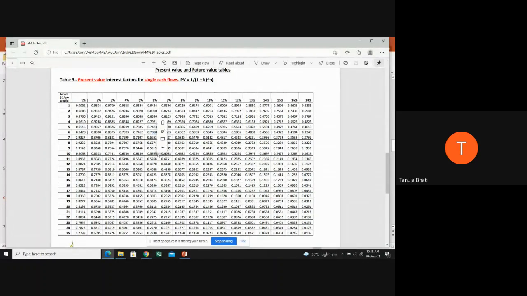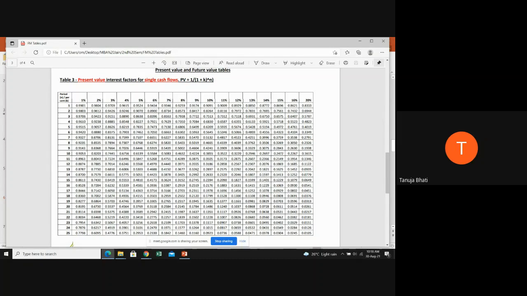So now in the IRR technique, you have to find out the PV factor, and corresponding to this factor, whatever the rate of return is, that will be the rate of return. For example, if a project has a life of 5 years and the PV factor you found is 0.7130, then corresponding to this factor for 5 years, the rate of return is 7%. So your IRR will be 7%.